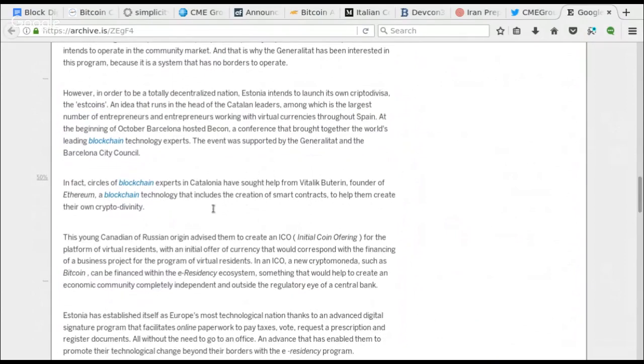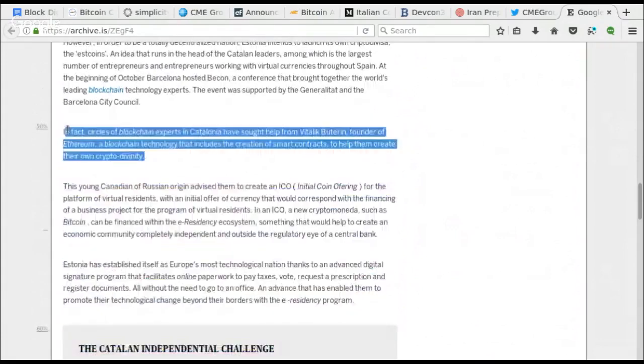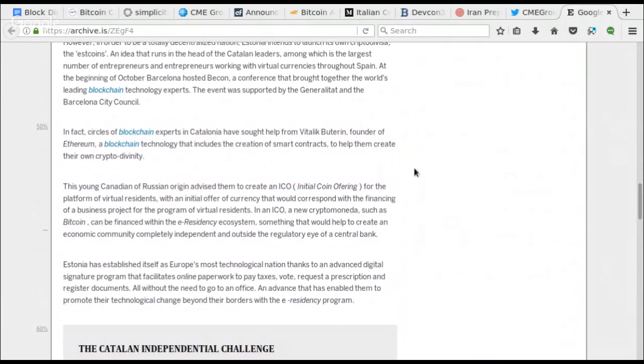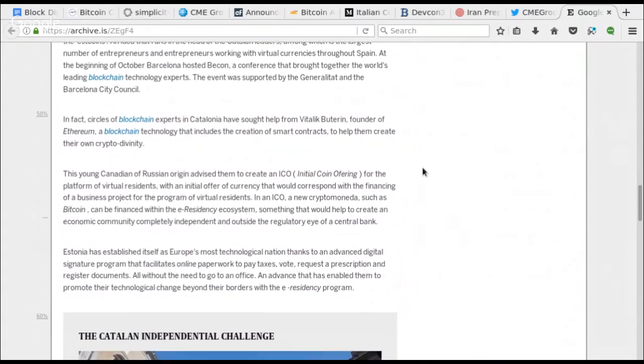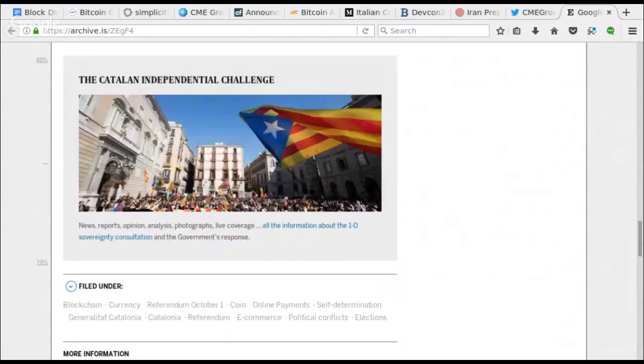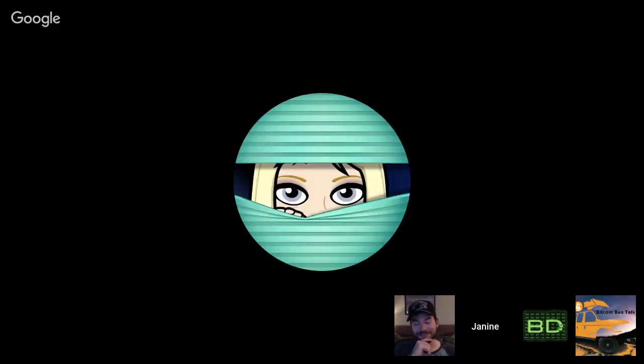I guess he's trying to make Catalonia into some kind of smart region with telecommunications and things like that. He's mentioned by name in all three articles, so I have a very strong suspicion that he was probably the source of the lie, the fake news, because he was the only person from the Catalan government that showed up at the so-called conference that Vitalik attended at the beginning of October.